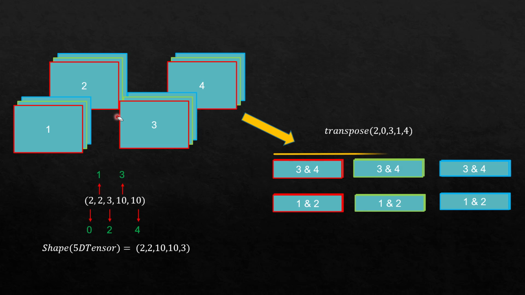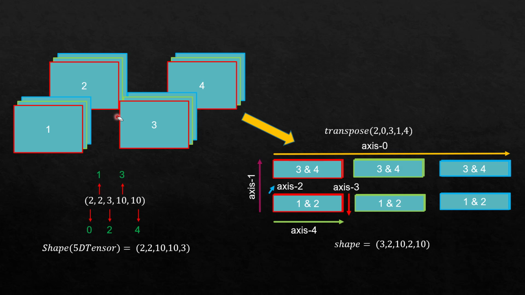And what is the shape of it? This is our axis 0, axis 1, axis 2, axis 3, axis 4. The shape is nothing but 3, 2, 10, 2, 10, which was discussed before, right?